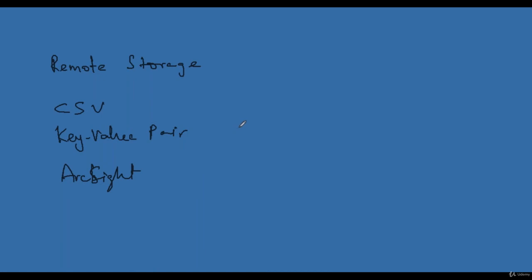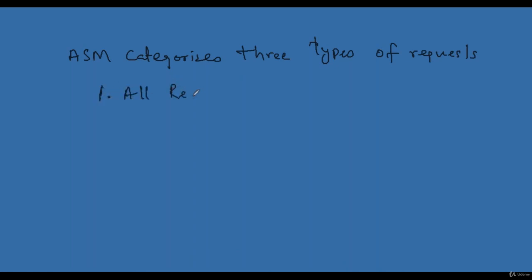With respect to storage, you have the option to filter what kind of requests have to be stored. ASM categorizes them into three types. One is all requests. Second is illegal requests.